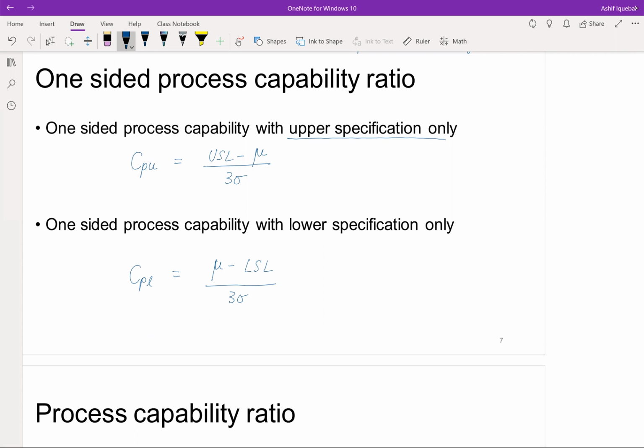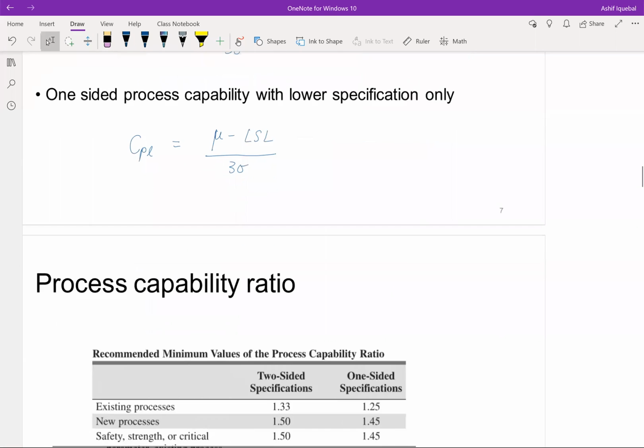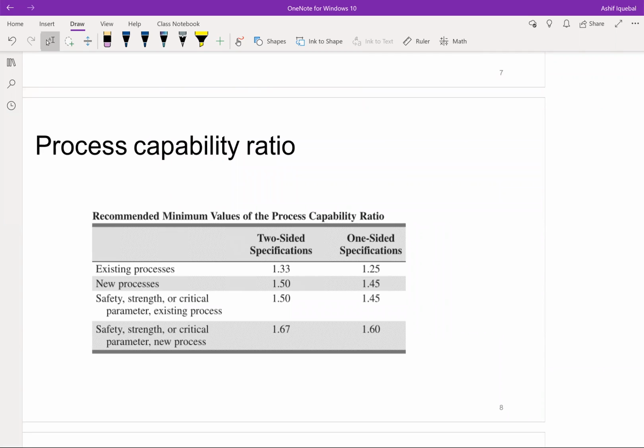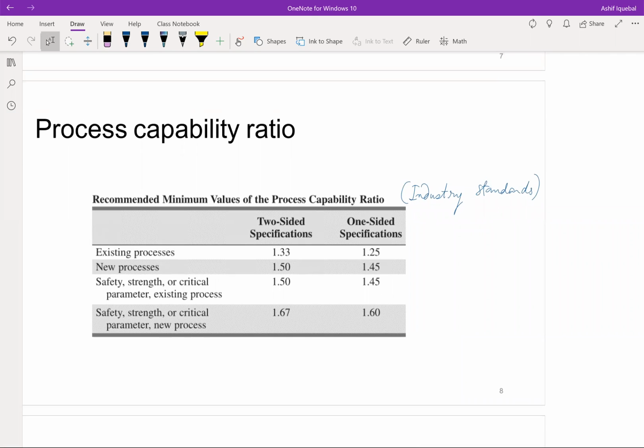All right. Now, once you have defined the process capability ratio, as I mentioned, you always want to increase its value, right? So there are some industry standards, and based on these industry standards, there are some recommended values for CP. If it's an existing process, if I know how the process works, the recommended CP value is 1.33.